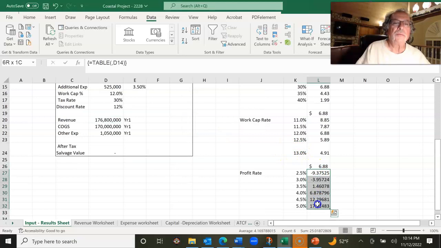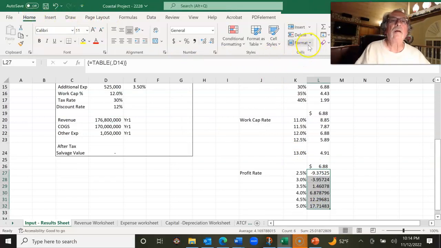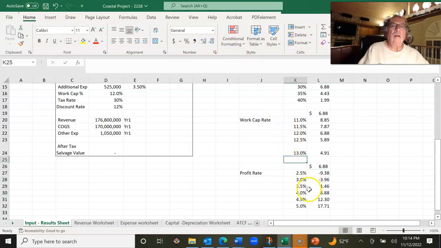Look at this. So this is our base case right here, 4%. If our profit rate, our markup of the oil, drops only 0.5%, our present value drops to only 1/4 of what it was. If it goes up 0.5%, it's almost double of the base case.